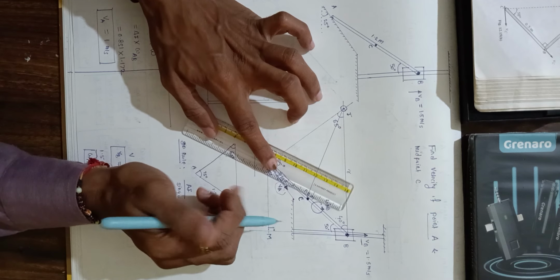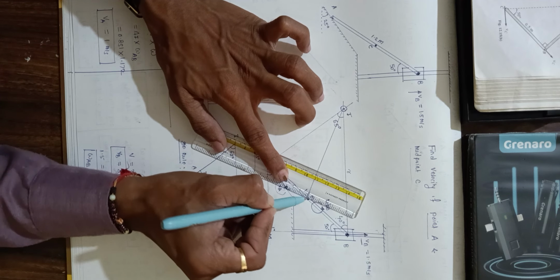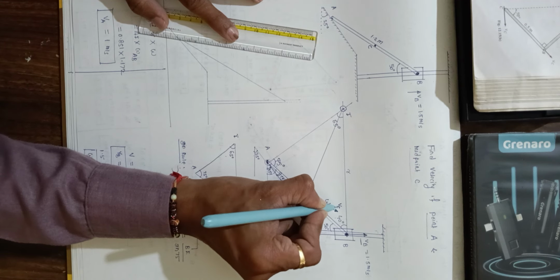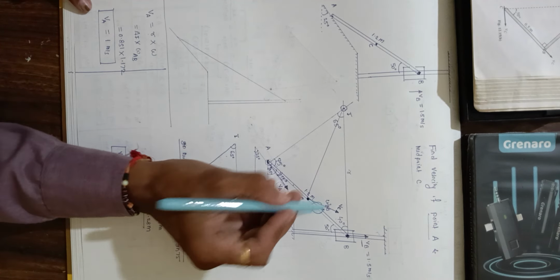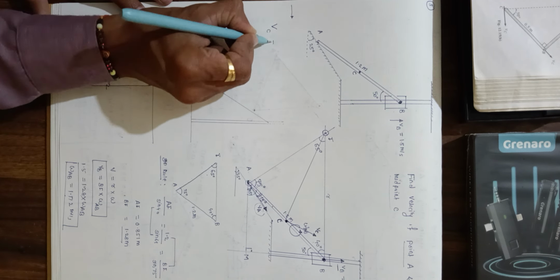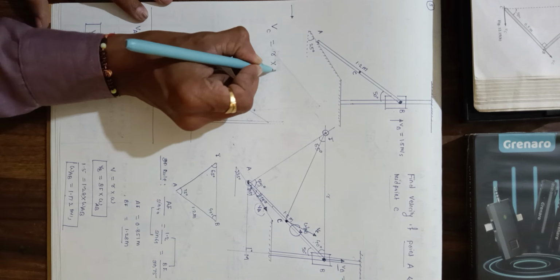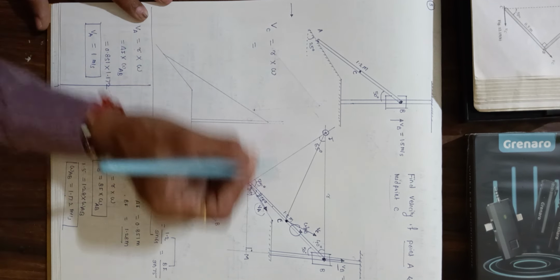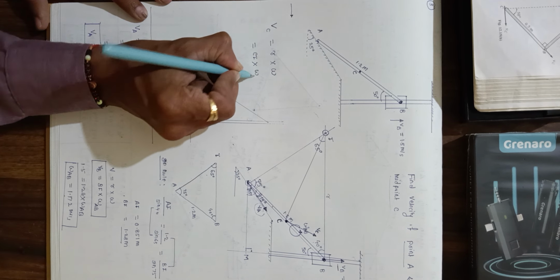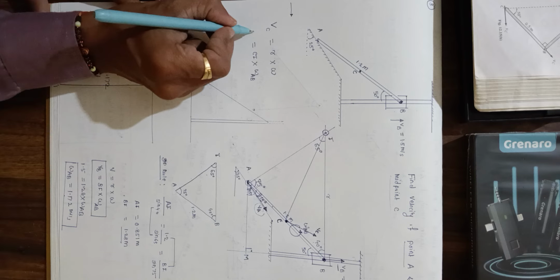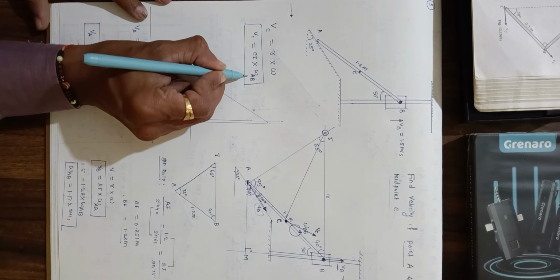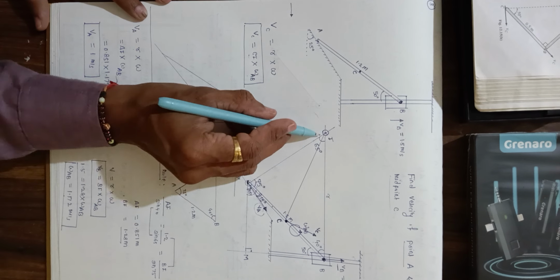So draw the perpendicular like this. This is VC. To find VC, we can use VC equal to radius into angular velocity. Radius means distance CI, into angular velocity of the rod AB. So this is the formula for VC. Omega AB is known, we have to find distance CI.